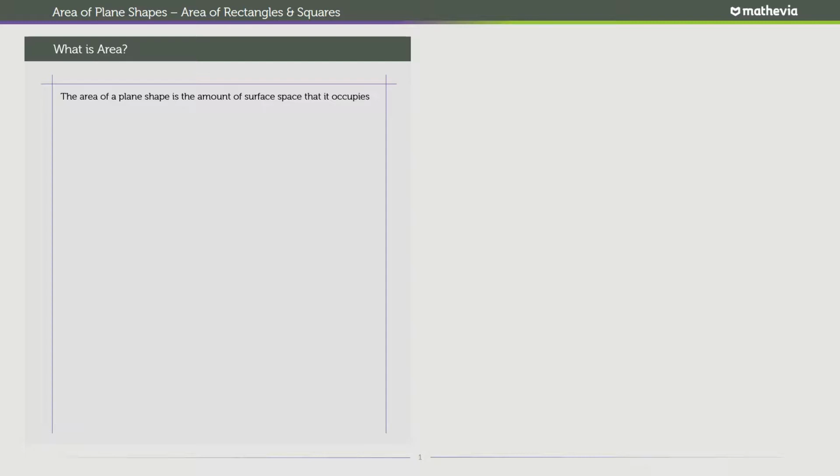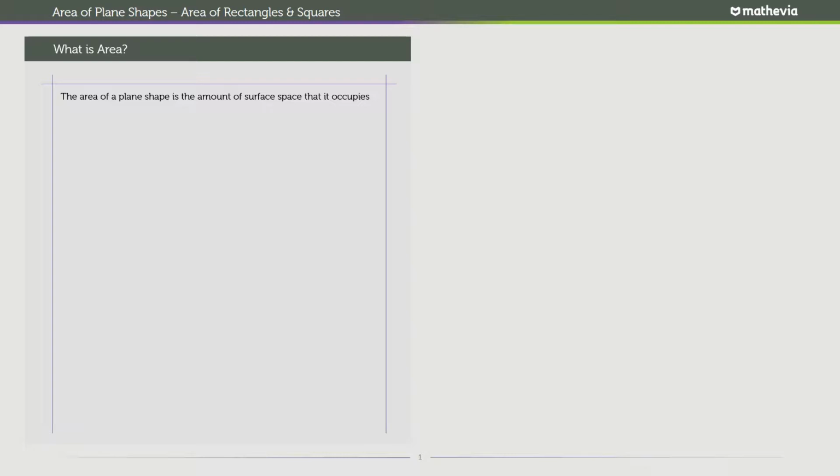For example, if you take your notebook and place your hand on the top and rub your hand around the notebook, what you're touching is the area of the notebook, the amount of space the surface of the notebook occupies.